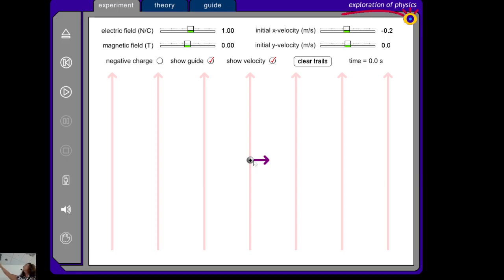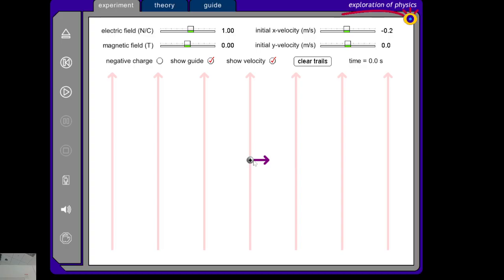You have an electric field up, F equals QE. So the force will be where? No, there is no velocity here. It's just a positive charge inside an electric field. An electric field will accelerate, right? The force will be in the same direction as the electric field. F equals QE.